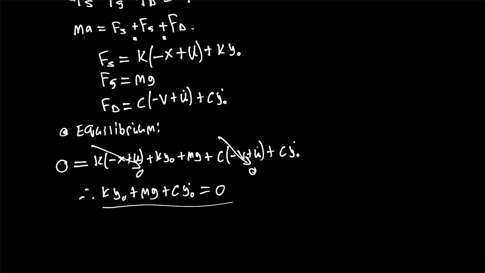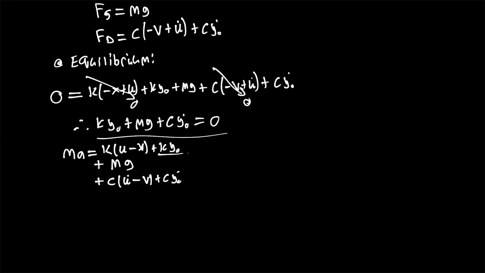And so once we plug this into the full dynamic equation here, k y naught plus mg plus c y naught dot, those terms are going to cross out with each other to become basically a 0.